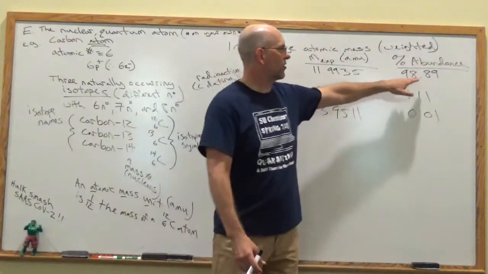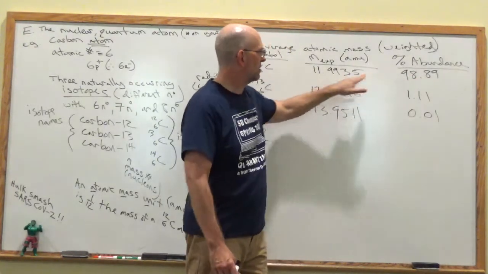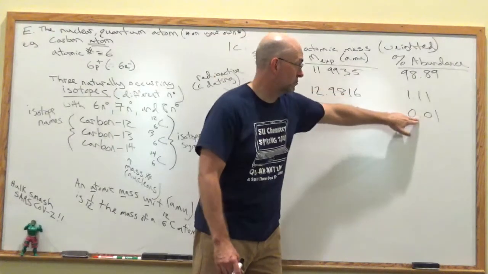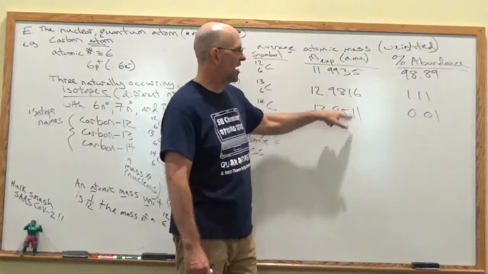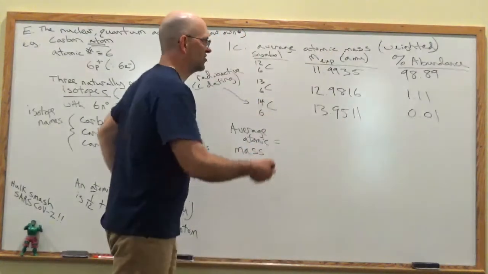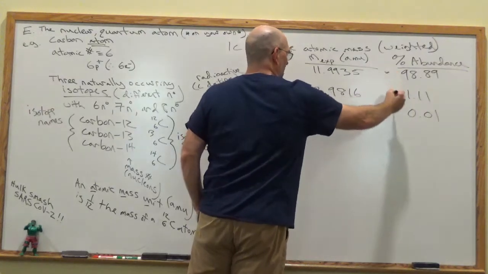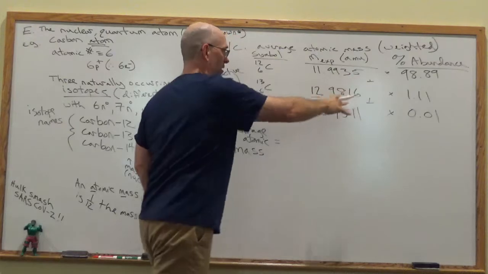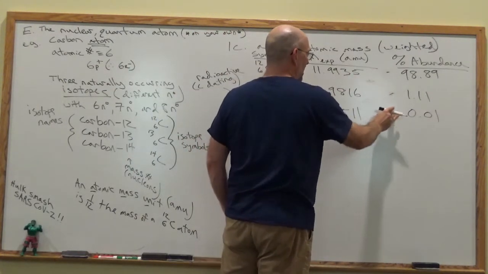Or you convert each of these to a decimal, moving the decimal place 2, and multiply. I think it's easier to just multiply those, and then add up the answers. That's what you do.